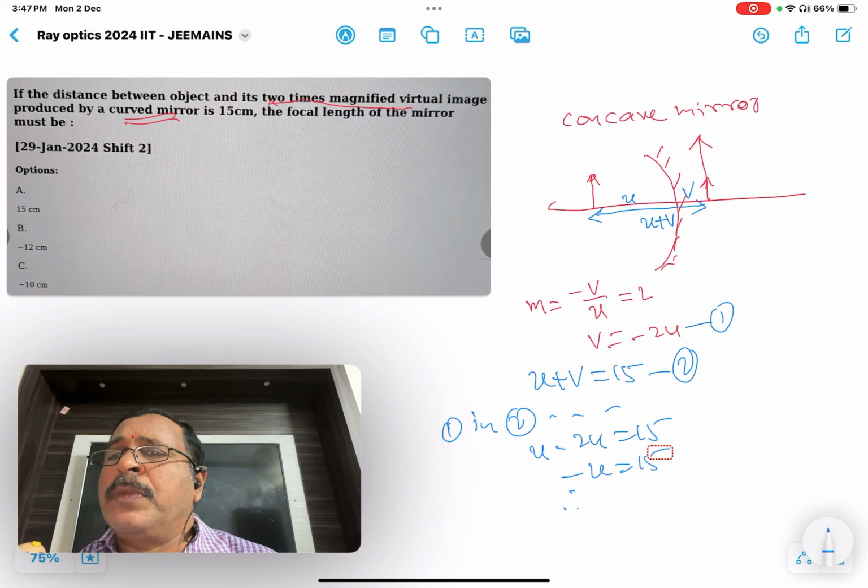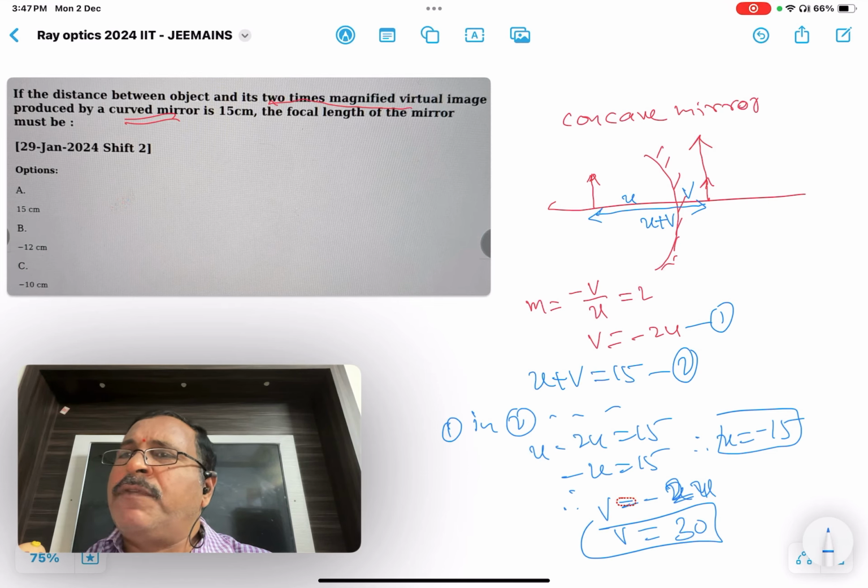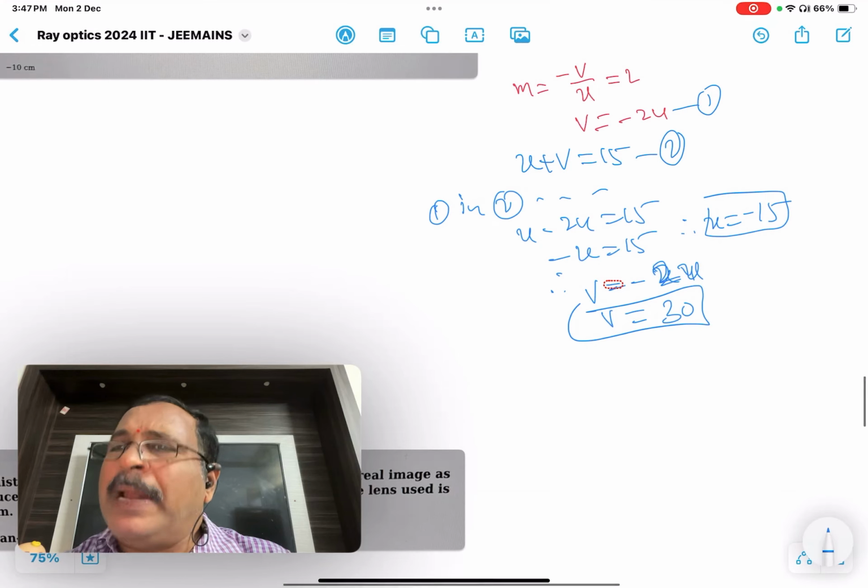Then u is minus 15 and v is minus 2u. Therefore v is minus of minus 30, that is plus 30. So we got u value minus 15 and v value plus 30.